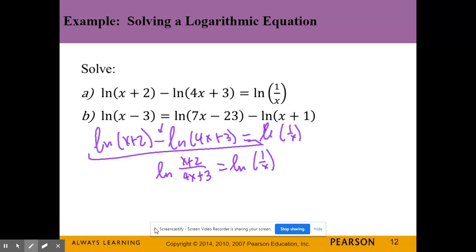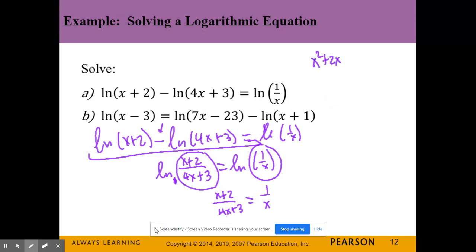Because it's the same base, which in this case natural log is base e, I can say now that this is equal to this. So you can say x plus 2 over 4x plus 3 is equal to 1 over x. Best way to solve this would be, you've got a proportion, set cross products equal to each other. So x plus 2 times x is going to be x squared plus 2x.